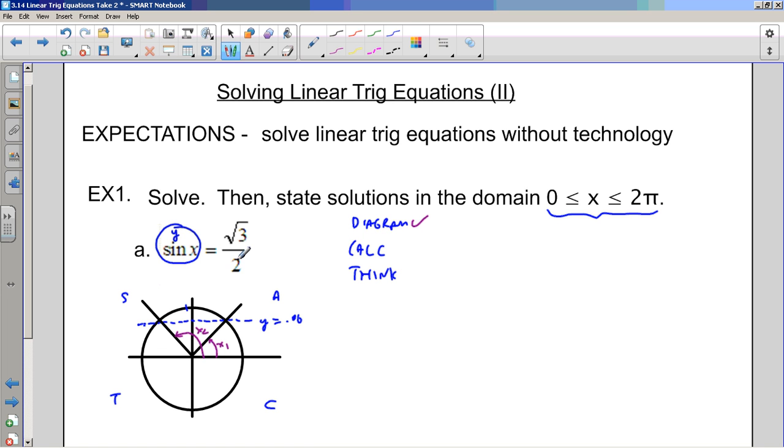the bells should be going off in your head. This is a perfect ratio. This is one of our good angles. So I'm going to say calculator or chart, right? Some people don't use the chart. Some people think of, well, this is a pi over 3 angle, right? This is the square root of 3 and 2 and 1. They remember the triangles, and so they remember this way.